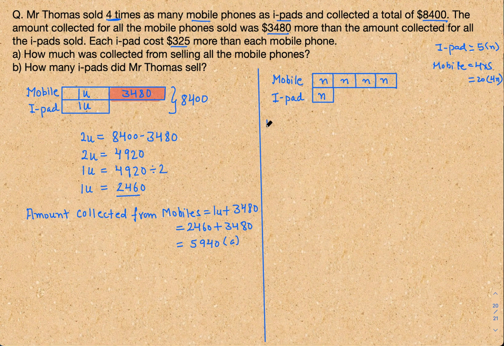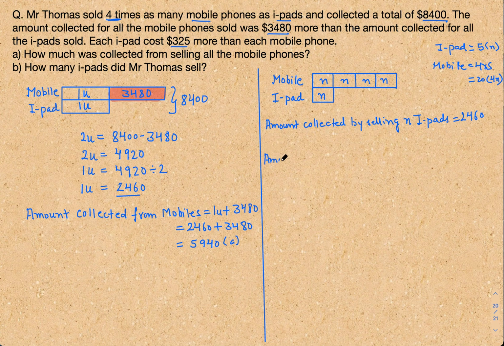So the amount collected by selling n iPads is 2460, and the amount collected by selling all 4n mobiles is 5940.